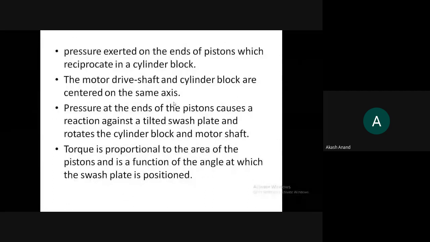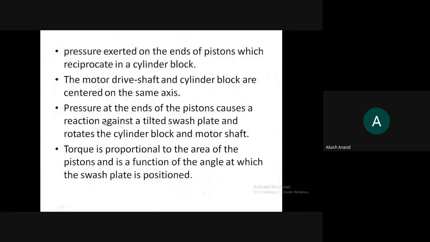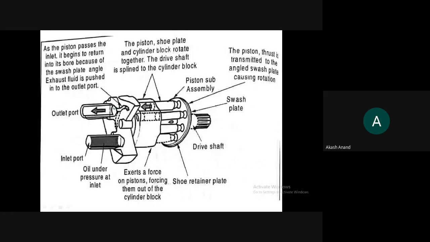You can see it in the figure. It is a somewhat complex arrangement, but the working is comparatively simple. With the help of a certain arrangement of the mechanism, we are getting rotary motion as output.